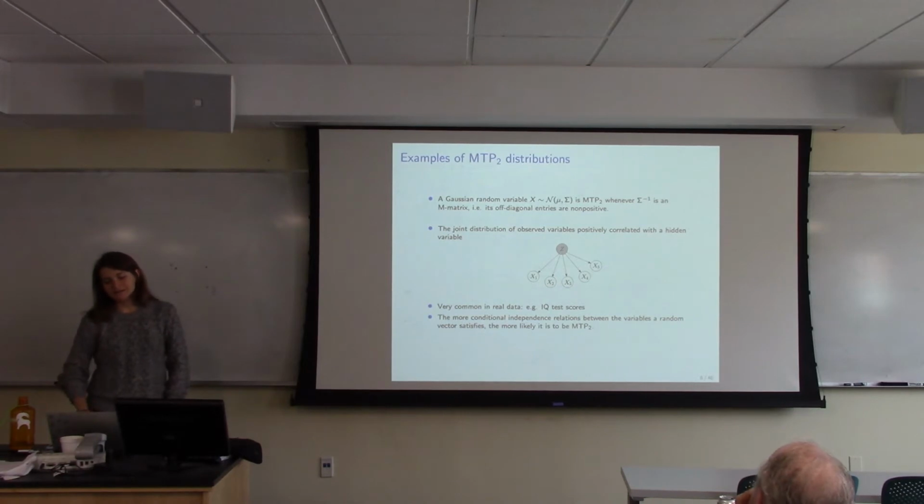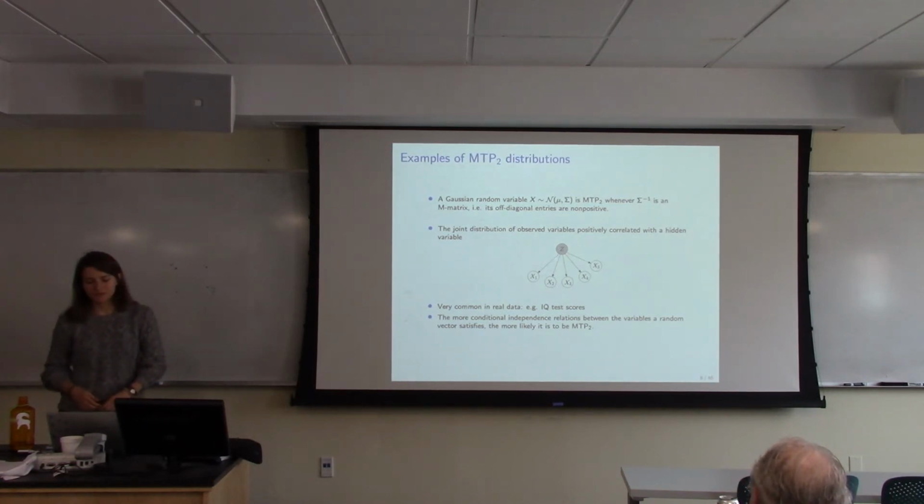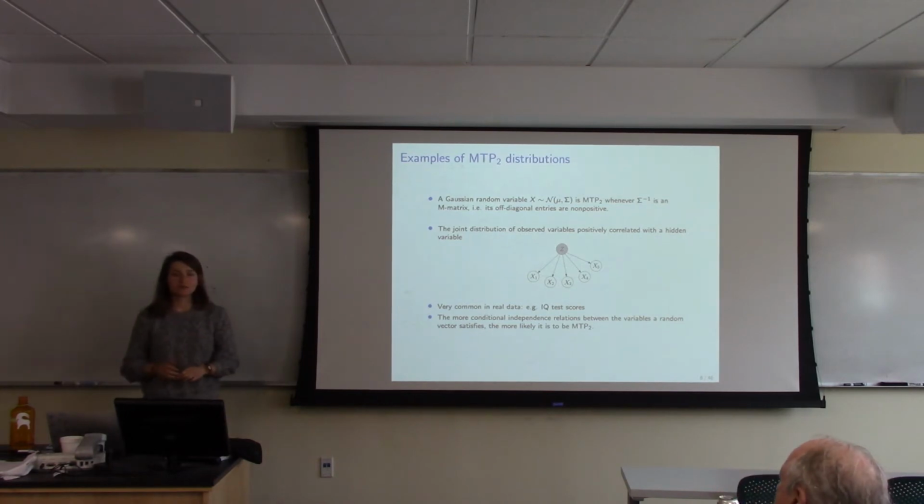Okay, and then the last example, the last bullet point here, is a bit of a vague statement that says that the more conditional independence relations between the variables there are, the more likely it is that its distribution is MTP2. So you can imagine a setting where we look at just Gaussians, and we look at 3x3 Gaussian covariance matrices.